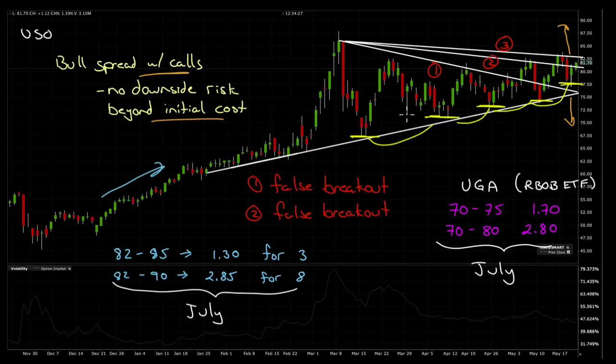We have a pattern. We had an upward trend, and this is a fairly decent consolidation pattern, because you do have an upward sloping support line and a resistance line that's becoming flatter and flatter. Instead of the pennant, you have a right flag formation. This was the first line, and we did have a false breakout over here.